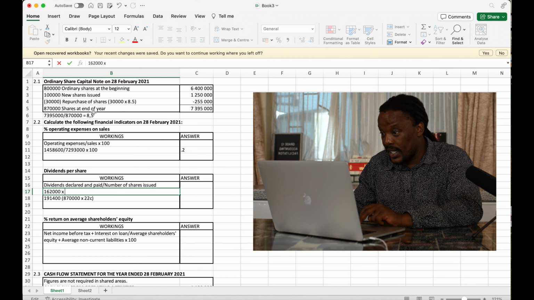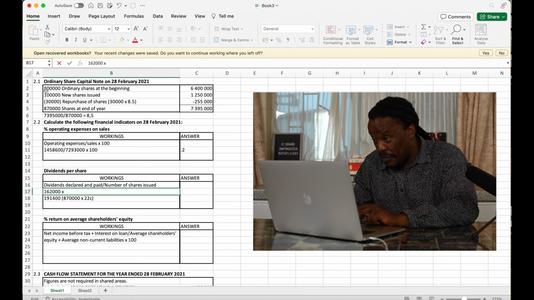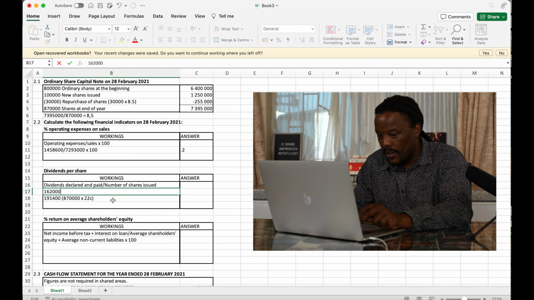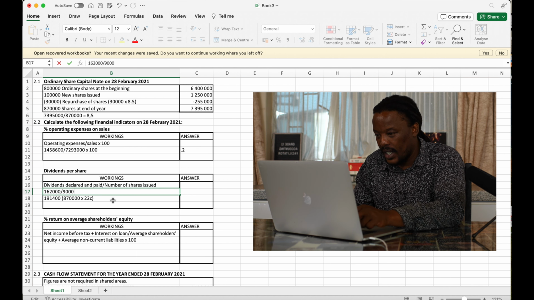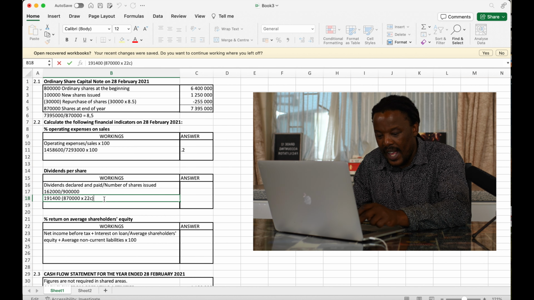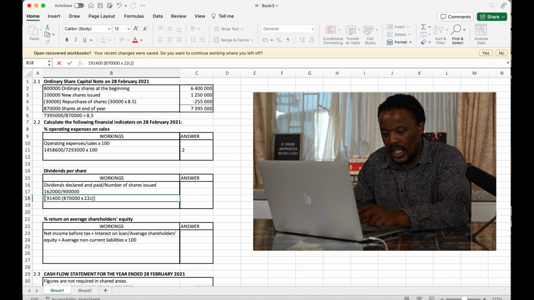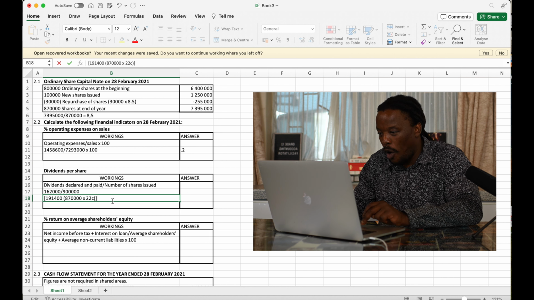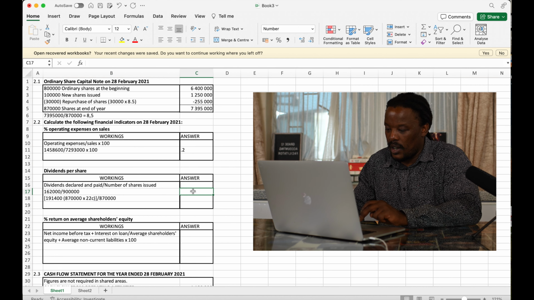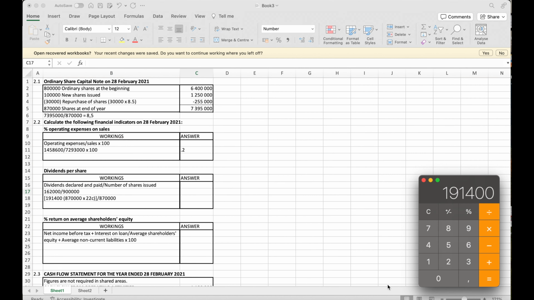Before the repurchase it is 800,000 plus 100,000, which is 900,000. But at the end of the year, that amount reduced to 870,000. And when we do that, we are able to get how much the dividends declared per share were for the year.